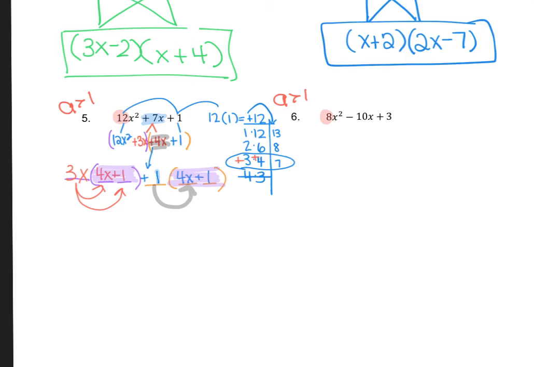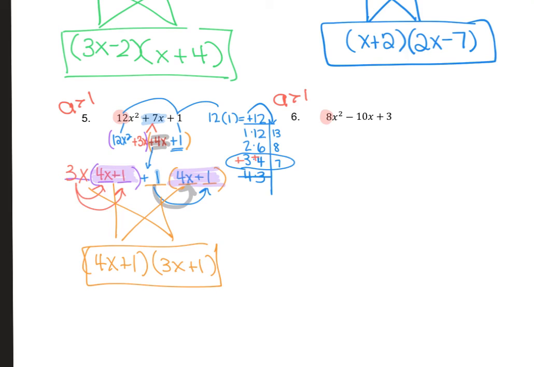All right, so 1 times 4x gets you 4x. 1 times 1 gets you 1. So we're good. So now we have this 4x plus 1 that comes down, and we have this 3x plus 1 that comes together. And we're all done.